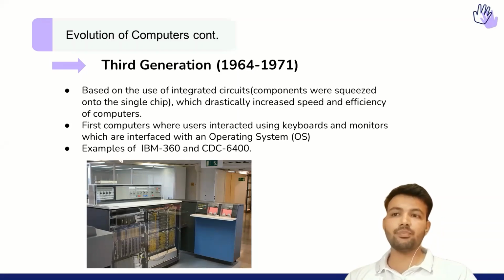These were the first computers where users interacted using keyboards and monitors, which were interfaced with an operating system. इस generation के जो computers थे, they were the first computers to have keyboards and monitors, और जिनसे हम interface करते थे through an operating system. तो इनके example थे IBM 360 and CDC 6400.